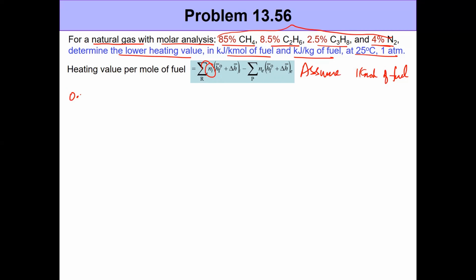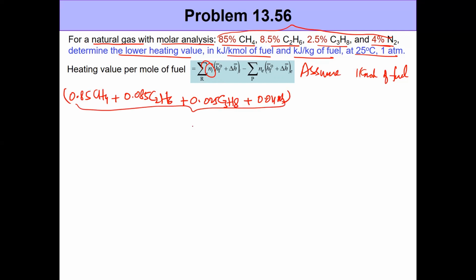So when we write it down, it comes out to be 0.85 CH4 plus 0.085 C2H6 plus 0.025 C3H8 plus 0.04 nitrogen. All of it is fuel itself.